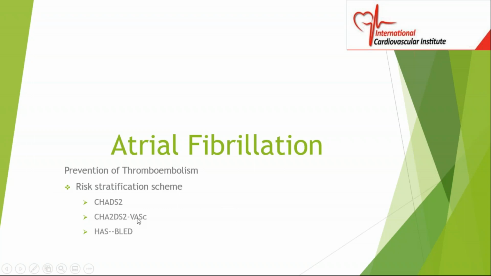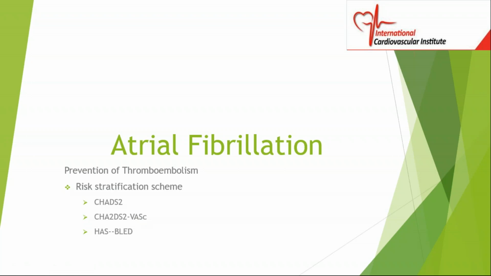And then vascular, if you have had any vascular problem, myocardial infarction, peripheral artery disease. And then this is your sex category. What we have found is that females are much more prone to thromboembolism than males.